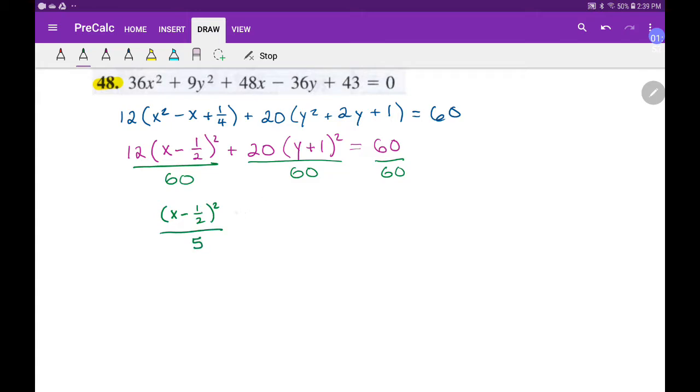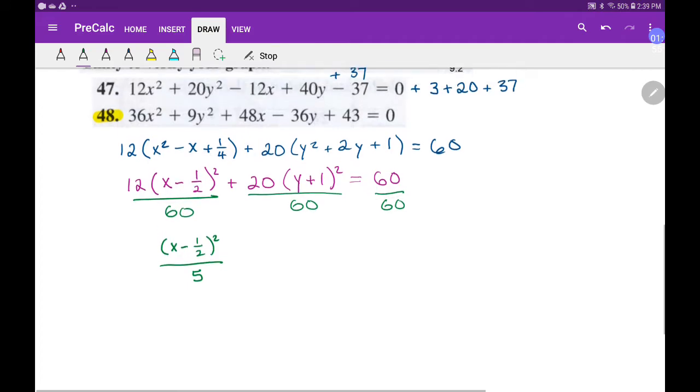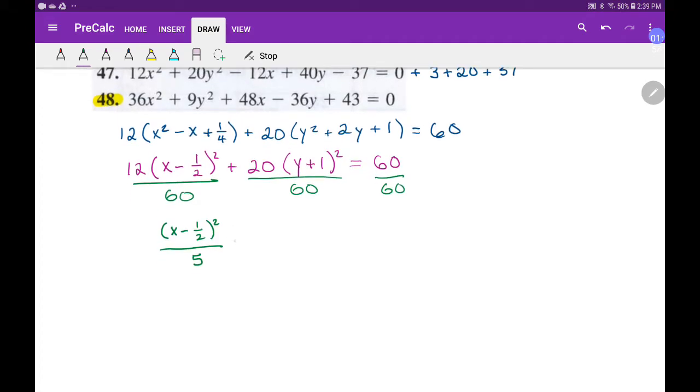So a, well, let's see, I don't know what a is. Hang on just a second. I'm going to get 3 on them. Yeah, so I can talk about a in the first position there. 3 shows up down here, so I know that's b because it's smaller than 5. So I can say that a is the square root of 5 and b is the square root of 3.